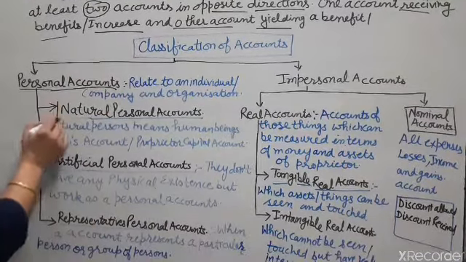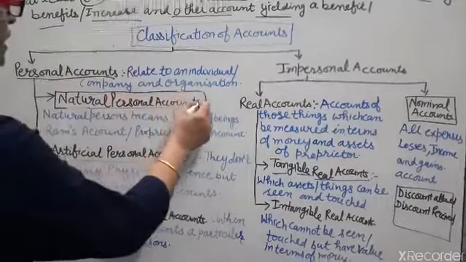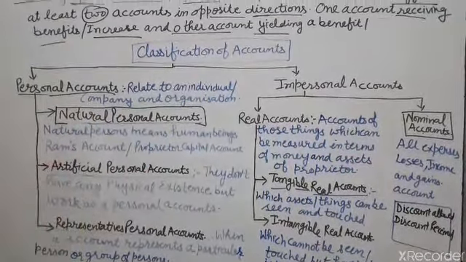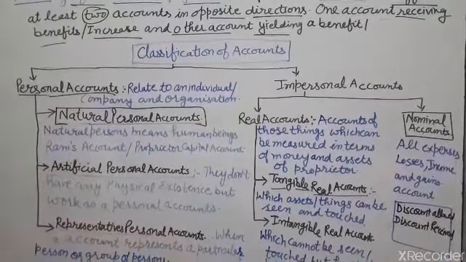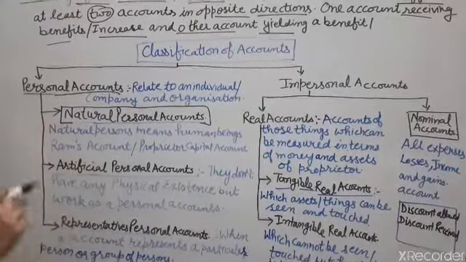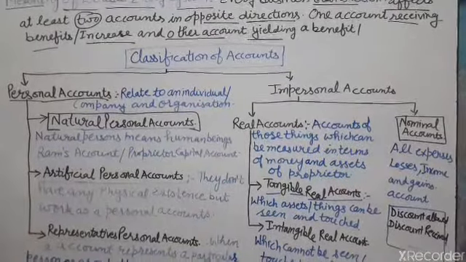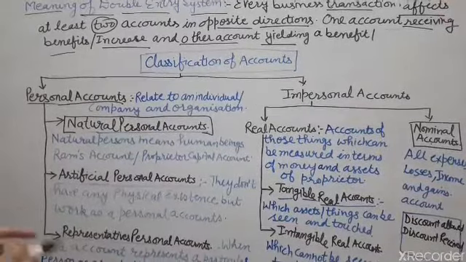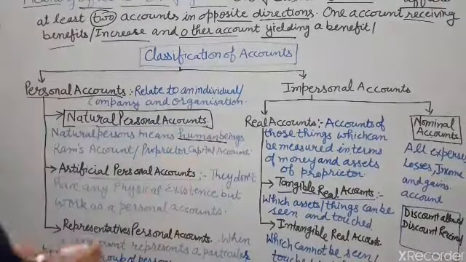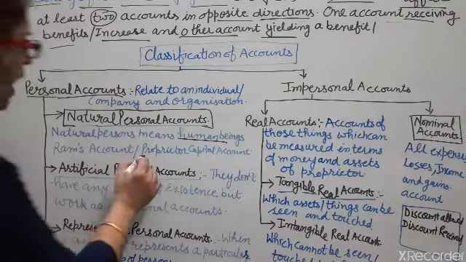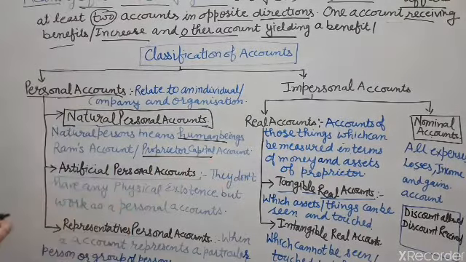The first is natural. Natural means those who take birth and die, for example, human beings and animals. Human beings run their business. So natural personal accounts are those accounts which belong to natural persons, that means human beings, for example, Ram account, Sham account, proprietor capital account.